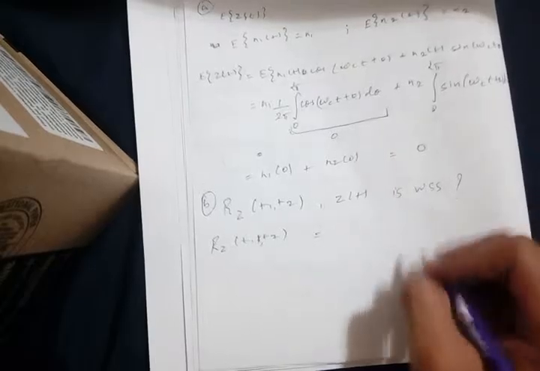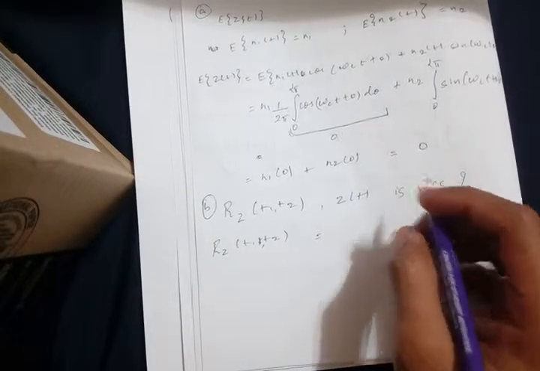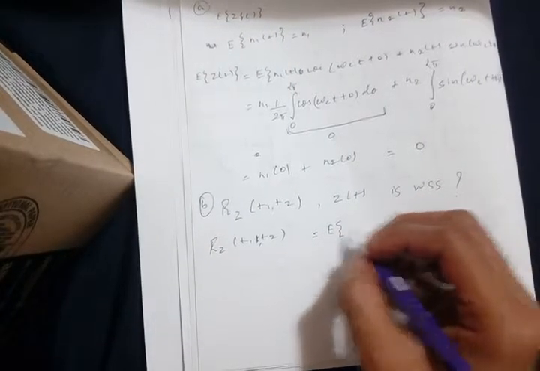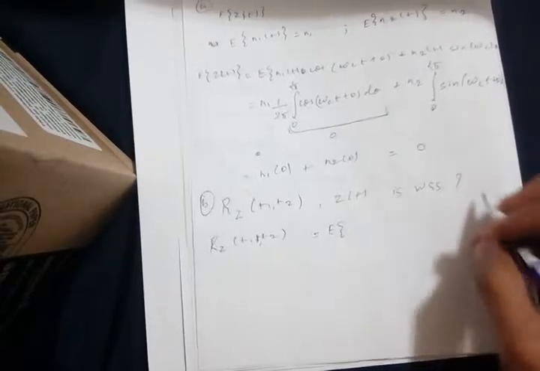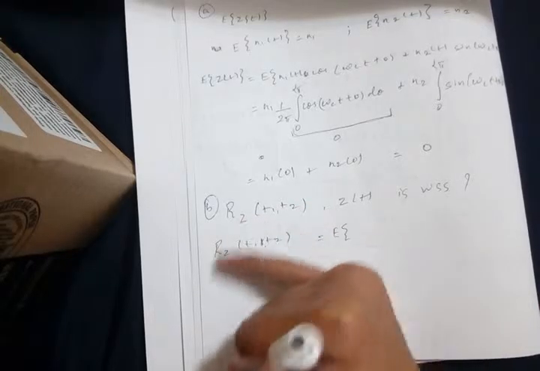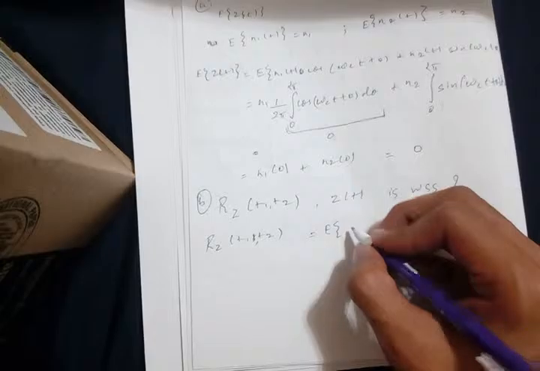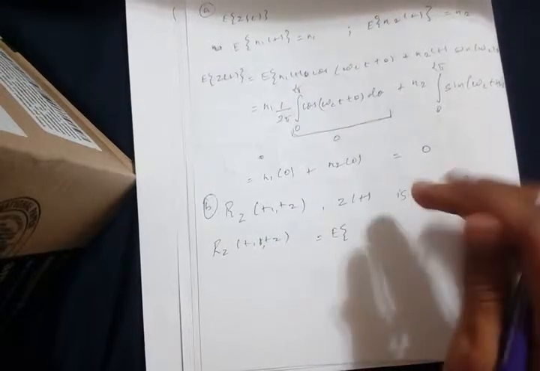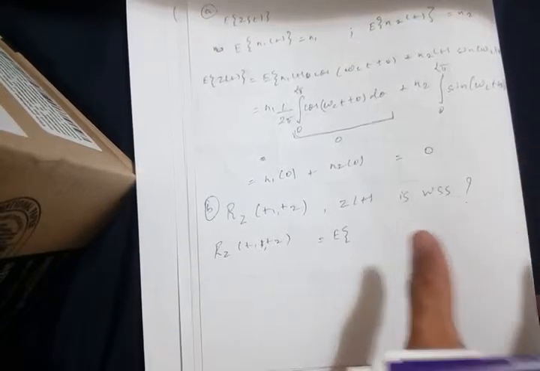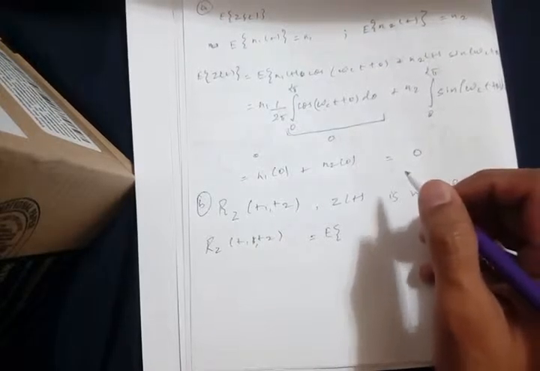The autocorrelation is given as the expected value of the same function at two different times, the multiplication.